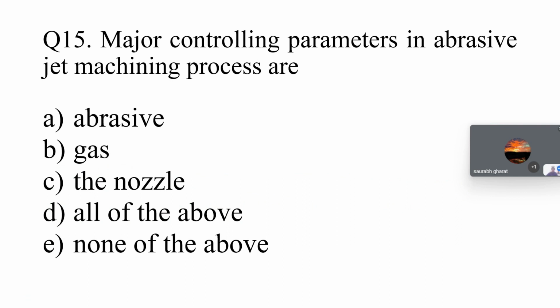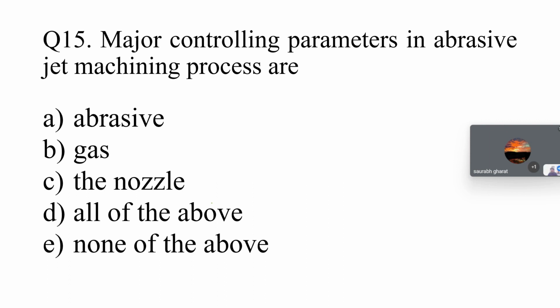So 15th question: measured controlling parameters in abrasive jet machining process are. So go to the slides and check the parameters that actually affect your abrasive jet machining process. Okay, so the abrasive matters.